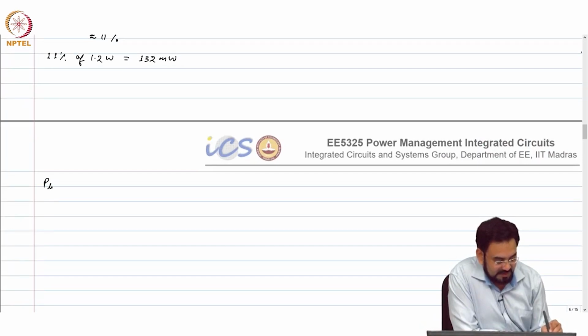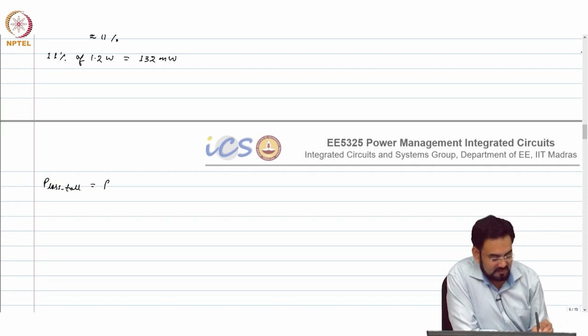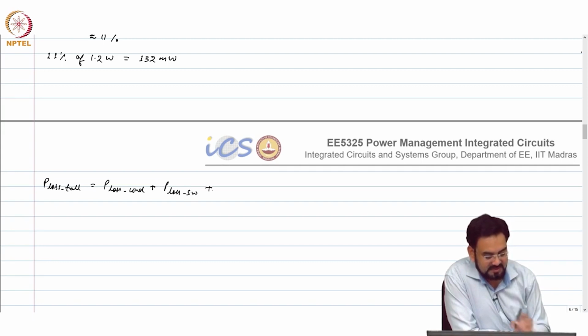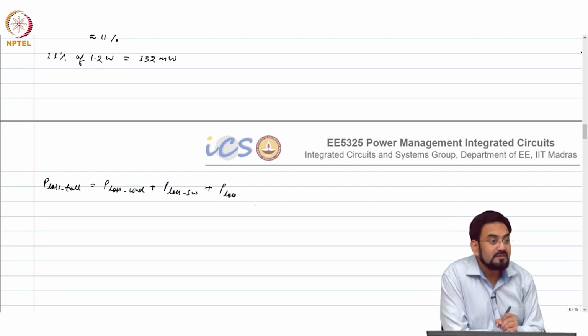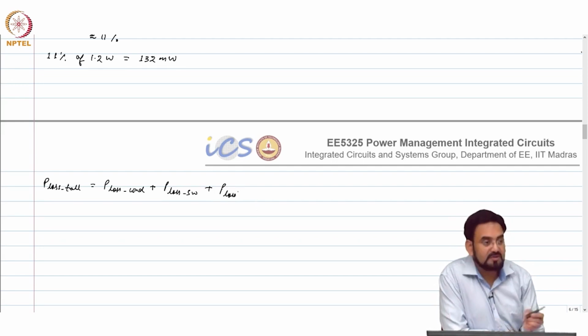And what is P loss total? P loss conduction plus P loss switching plus P loss magnetic.